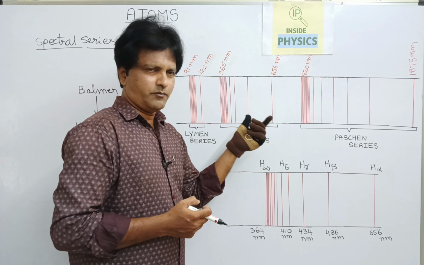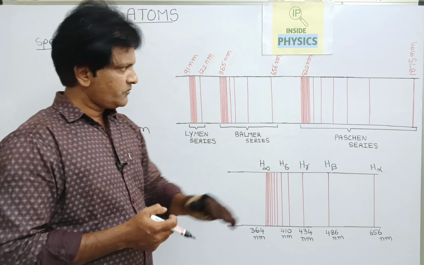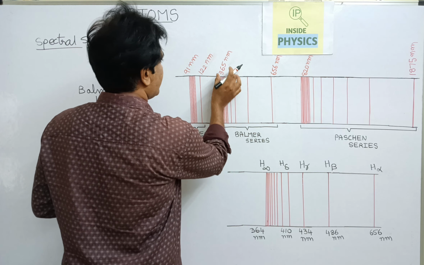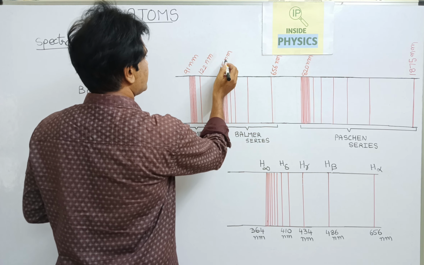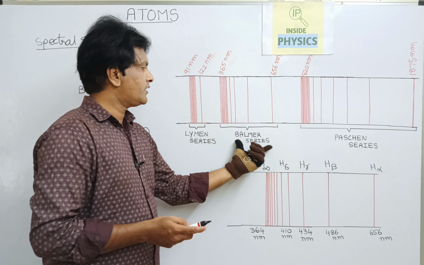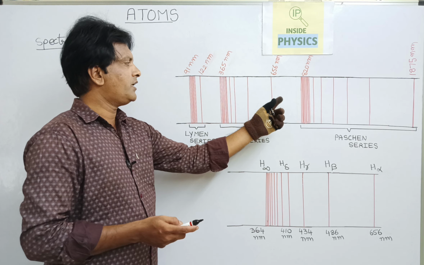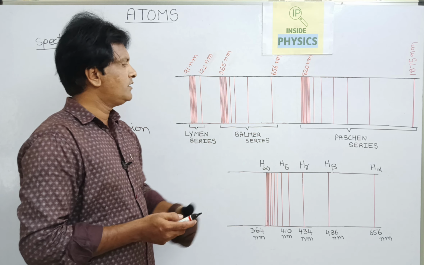The wavelength appears as red because red has the highest wavelength. The lowest wavelength in the Balmer series is 365 nanometers. So a series is a set of spectral lines from the highest wavelength to the lowest wavelength. These are the limits of the series.